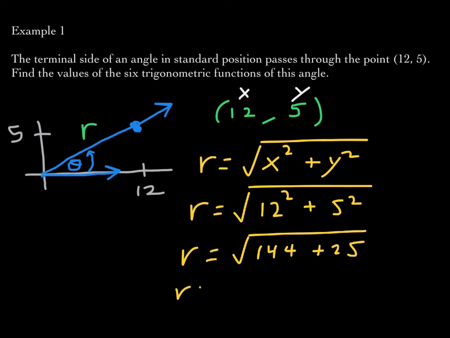R is equal to the square root of 169. So r is equal to 13. So what I can do is take my x value, my y value, and my r value, and I can now say what the 6 trigonometric functions of angle theta are. Let's do it now.